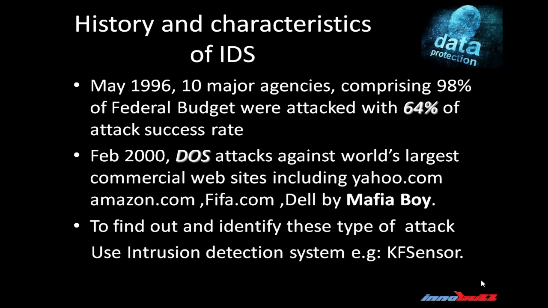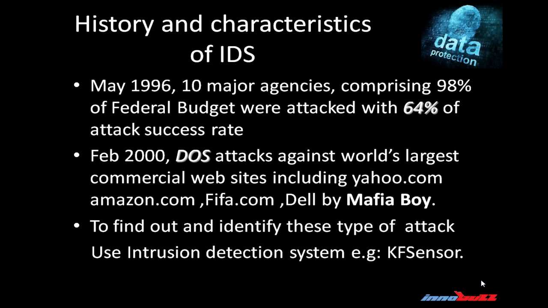IDS is one of the important security systems. It is widely used and accepted. You can see the history of attacks. Had there been an intrusion detection system at that time, there could have been a chance to detect these attacks and take necessary steps as per the situation. In May 1996, 10 major agencies comprising 98% of federal budgets were attacked with a 64% attack success rate.